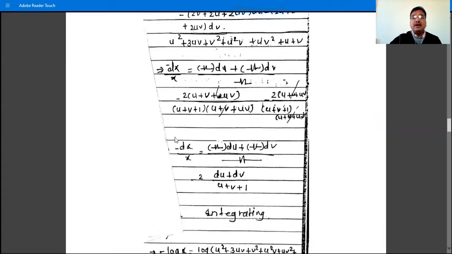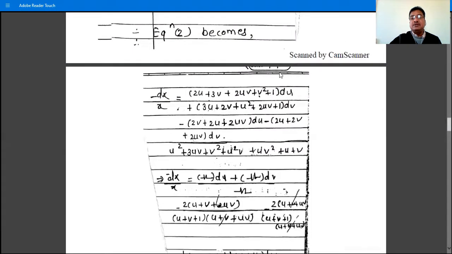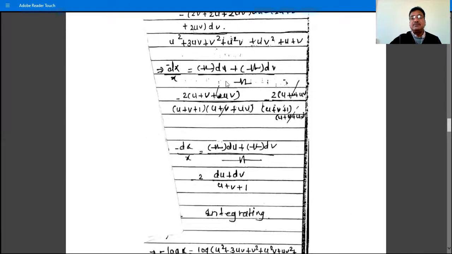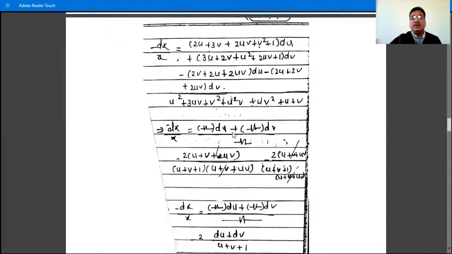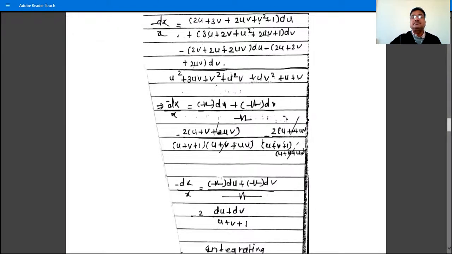Then minus dx by x as a system, and the first two terms du and dv are divided by the denominator. And then the plus this term divided by this denominator: take 2 as common, so we have (u plus v plus uv) du divided by this denominator.